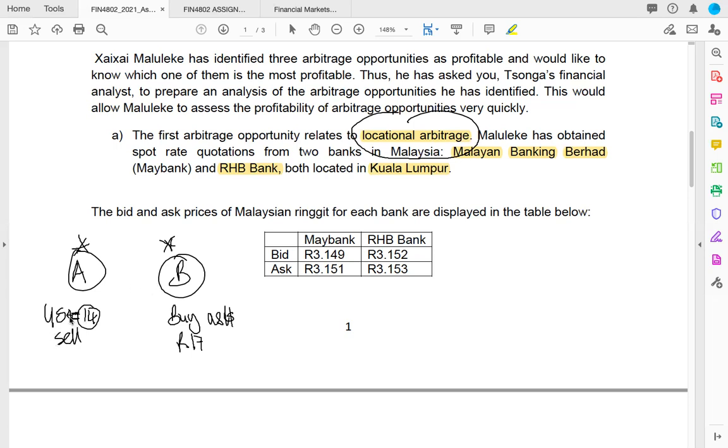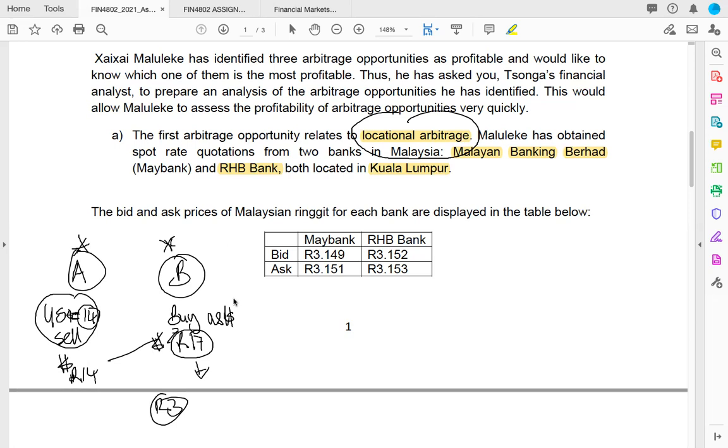So what you can do is simply buy $1 US for 14 rand from Bank A. Then you can quickly go with that $1 US and sell it to Bank B, and Bank B can give you 17 rand. So you would have made a profit of 3 rand. Locational arbitrage is very simple.